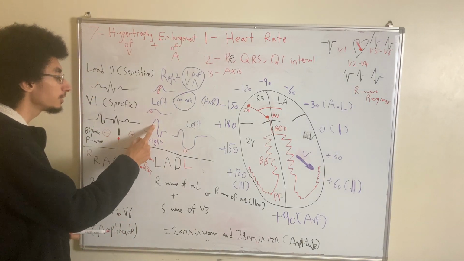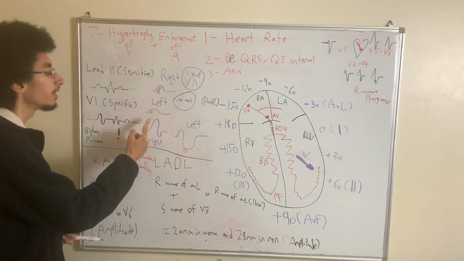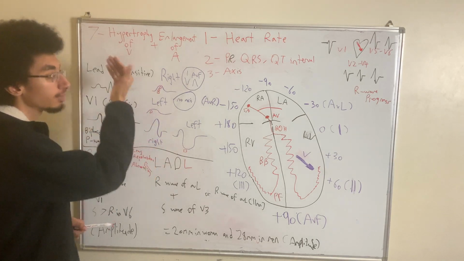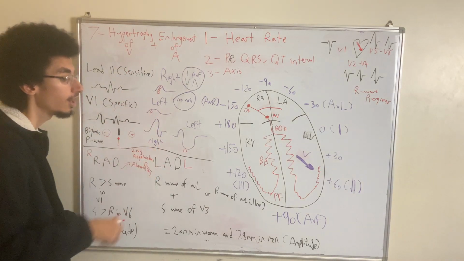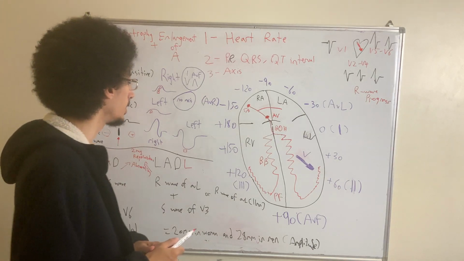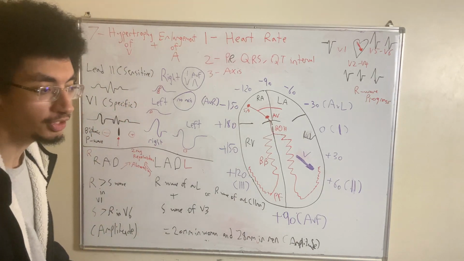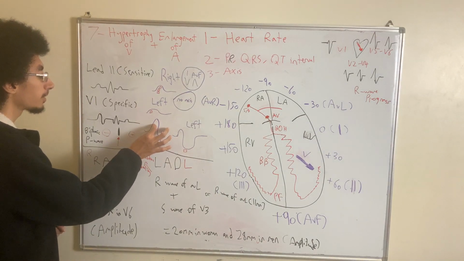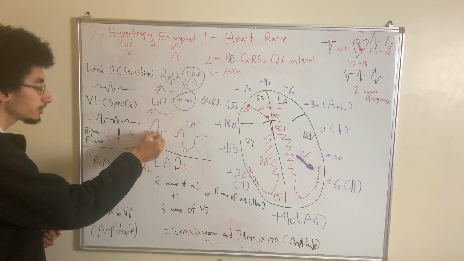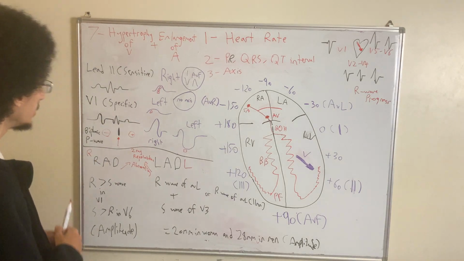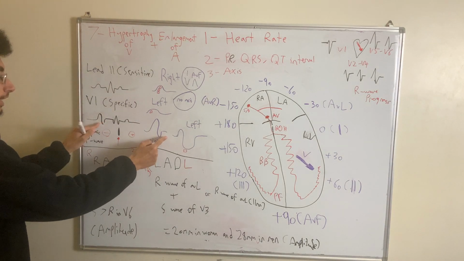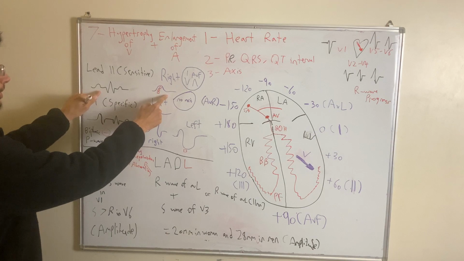You can see how the amplitude of this biphasic P wave, the positive deflection, is much greater than the amplitude of the left atrial depolarization. So that's another sign of confirming right atrial enlargement, where the right atrial depolarization is much greater compared to the left side. You can see the difference between the two in both of these scenarios, as well as these two.